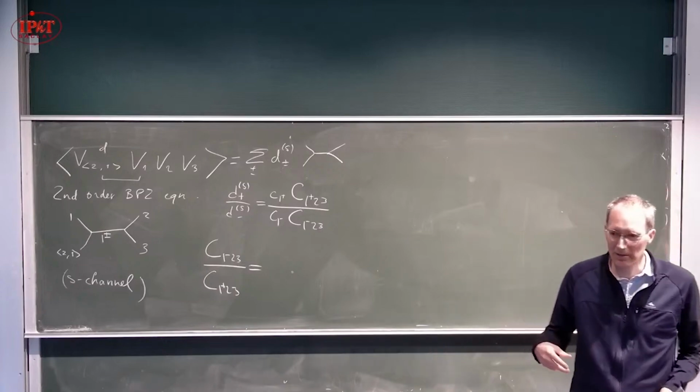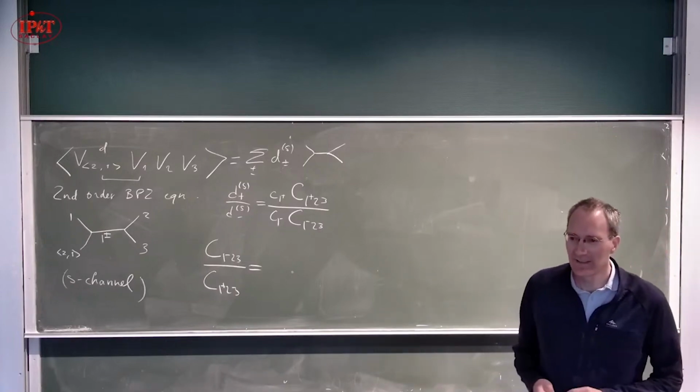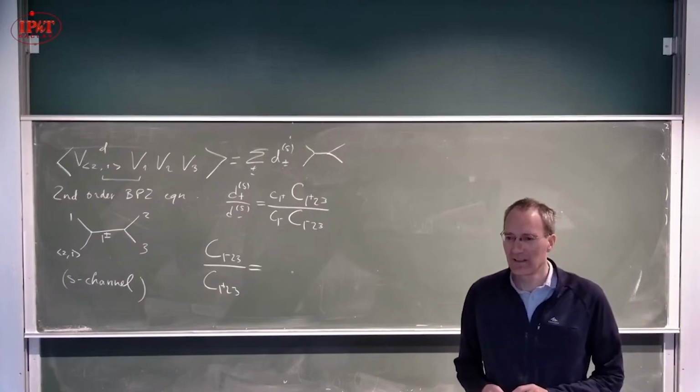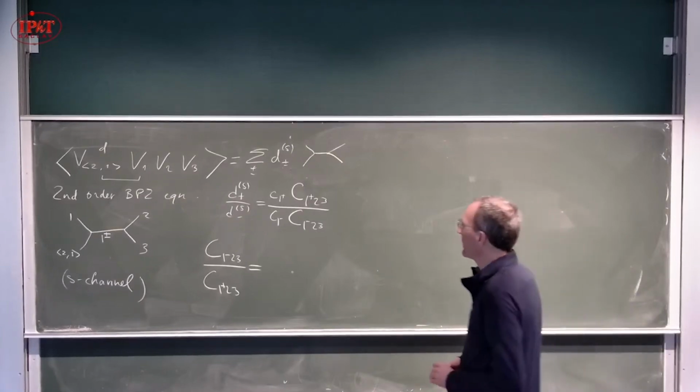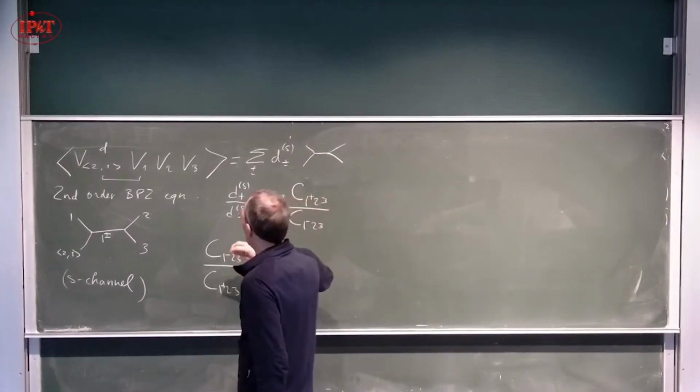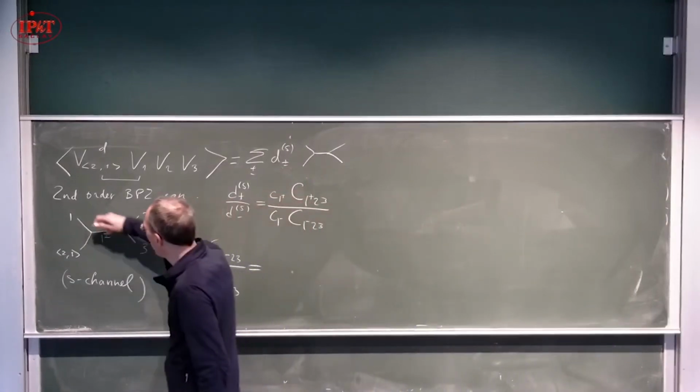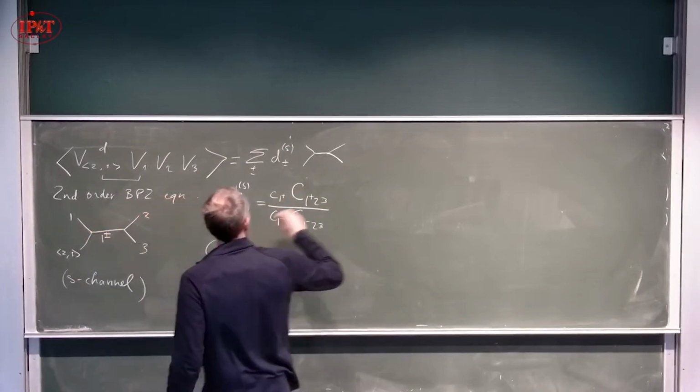Sylvain, can you remind us what is the difference in the definition between the small c and capital C? Right. So small c is the structure constant which appears in the OPE of a degenerate field with some field here.